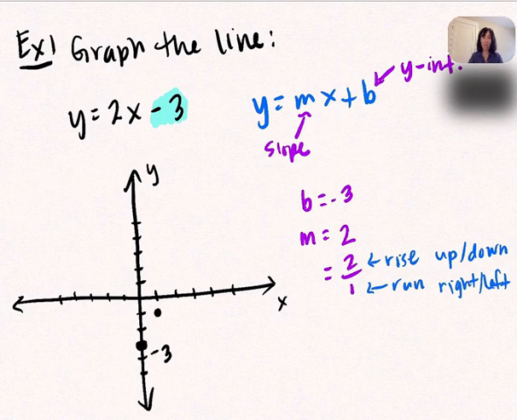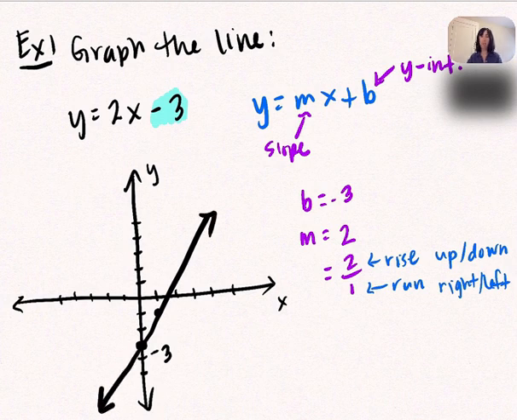So here's what I did. Take a look at the graph. I went up 1, 2, and then right 1. Once you have 2 points on the line, you can connect them, and you have a graph of the line.